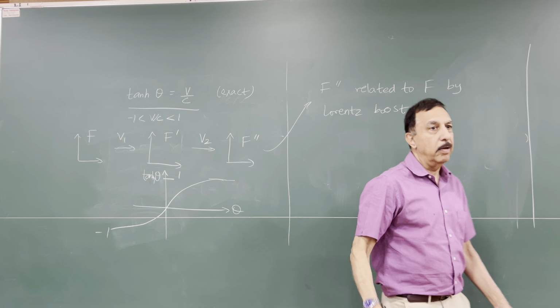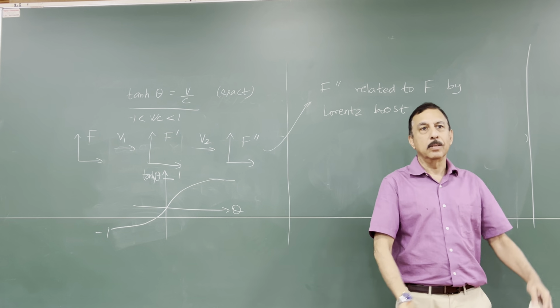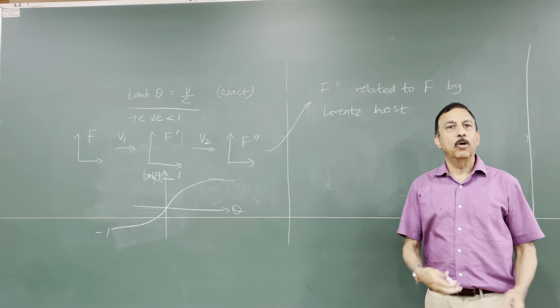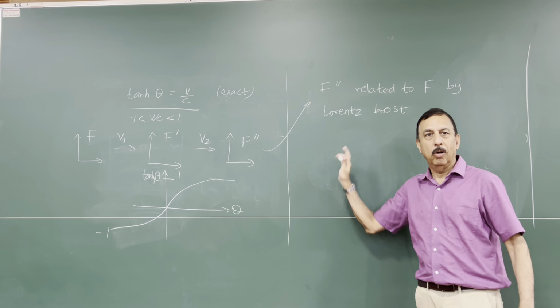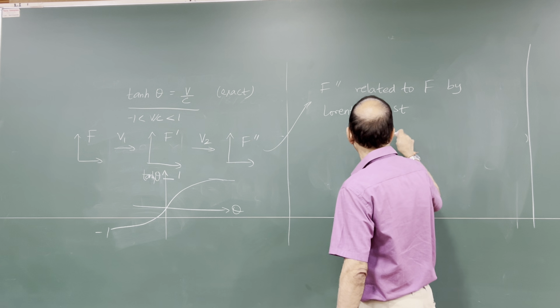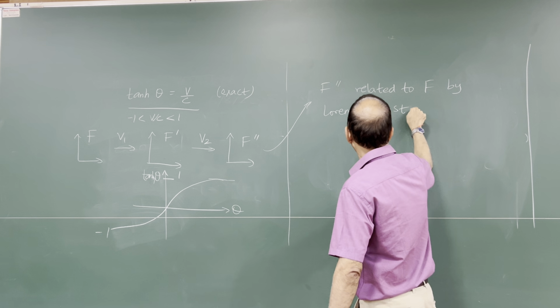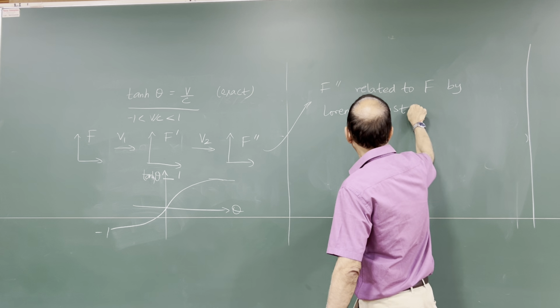A boost is when we go from one frame to another frame that's moving. It will turn out that Lorentz transformation actually encompasses more general transformations, which are not all boosts. We'll come to that soon. So this, where v is equal to v1 plus v2 over 1 plus v1 v2 over c squared.